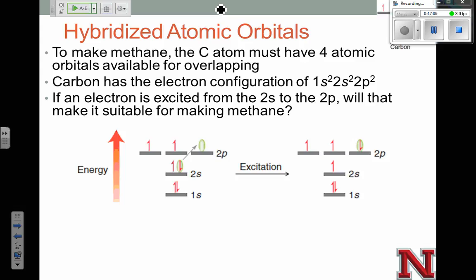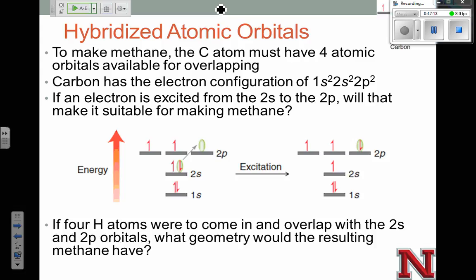So now we have 4 available electrons. However, those 4 available electrons are not in degenerate energy levels. And what we know from geometry and from experimentation is that we have about a 109.5 degree angle between each of our carbon single bonds, and each of our carbon single bonds are equal.